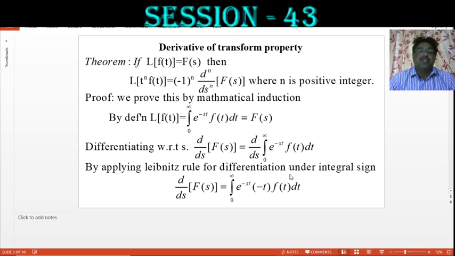Now, we should differentiate this with respect to s. d by ds of F of s is equal to d by ds of the integral from 0 to infinity of e raised to minus st f of t dt. By applying the Leibniz rule for differentiation under the integral sign, d by ds of F of s, you keep the integration as it is, and differentiate e raised to minus st with respect to s, which is e raised to minus st into minus t, f of t dt.